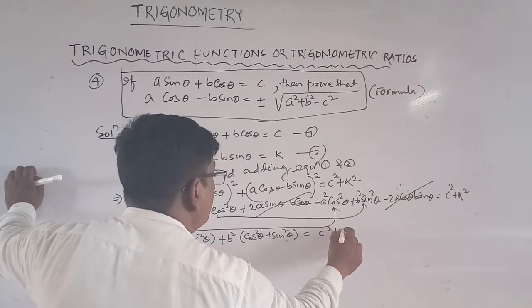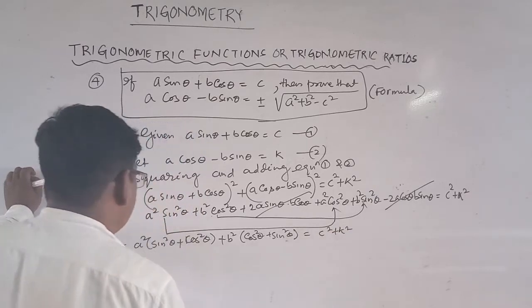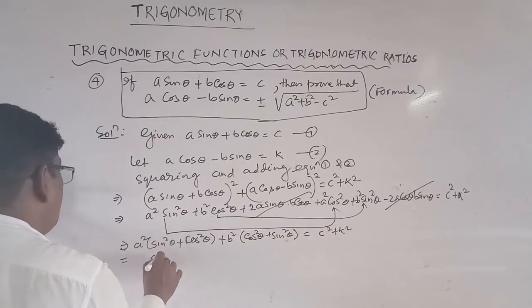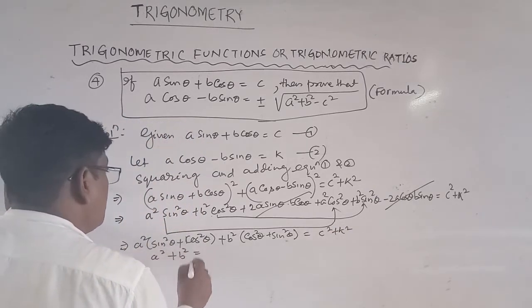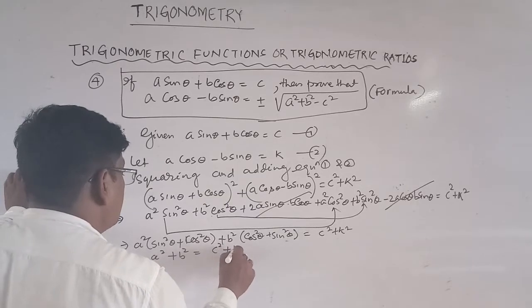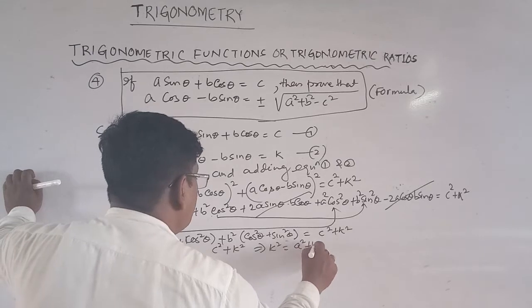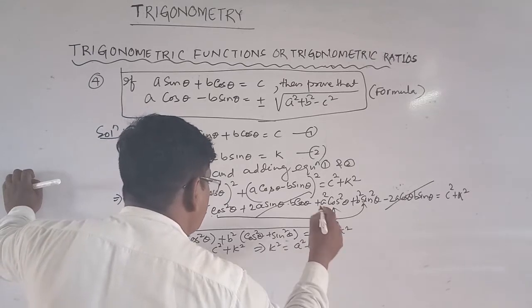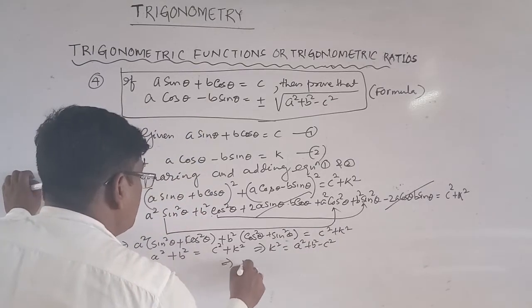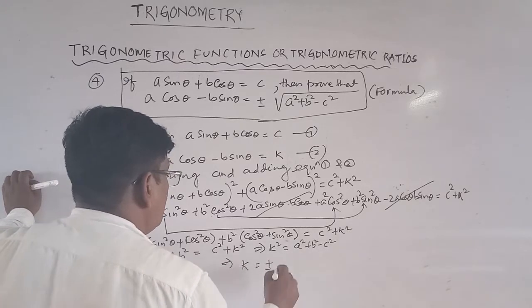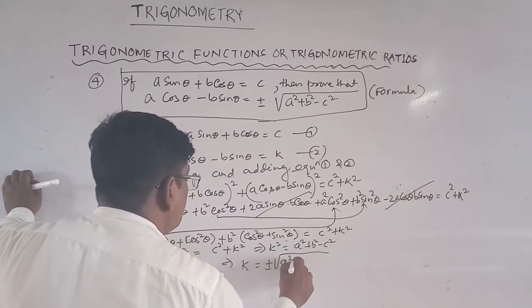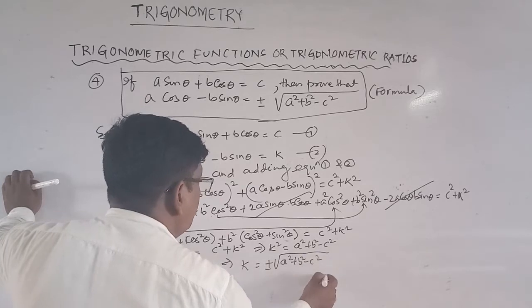This is equal to c square plus k square. So a square plus b square is equal to c square plus k square. That implies k square is equal to a square plus b square minus c square. Therefore k is equal to plus or minus root over a square plus b square minus c square.